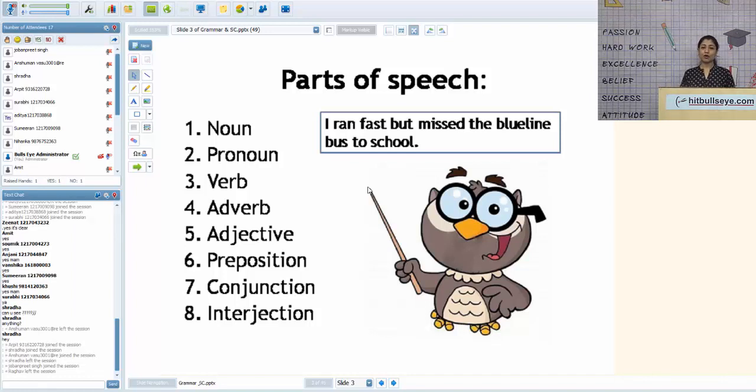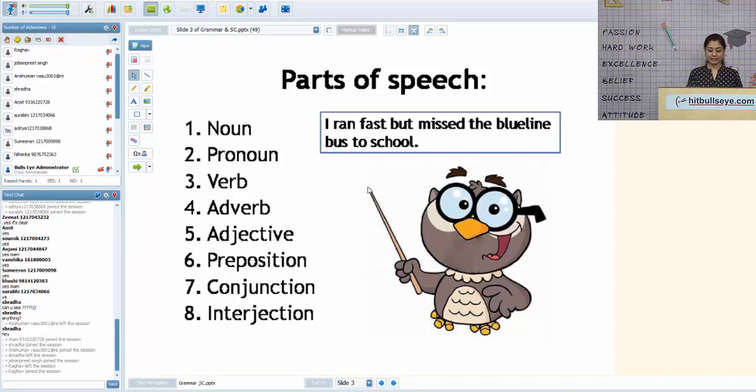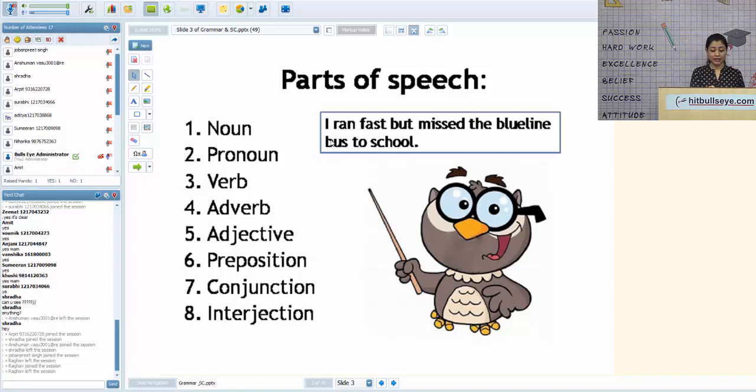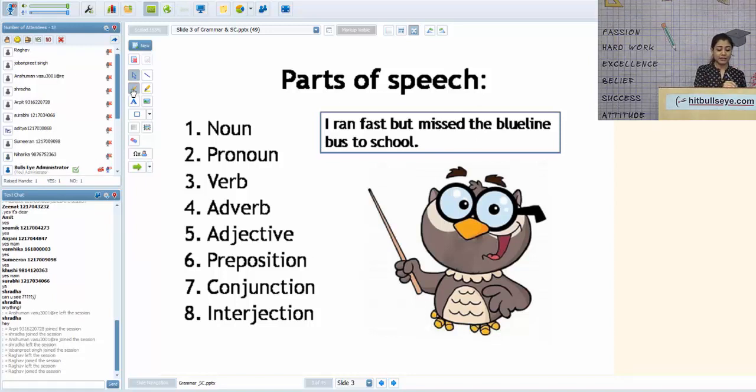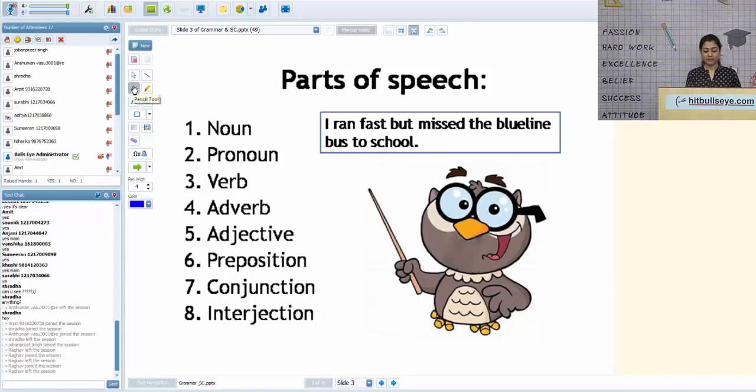We will be discussing all these in detail henceforth, but let us first apply it in a sentence. The sentence here says, I ran fast but missed the blue line bus to school. Let us look at the sentence and identify the parts of speech. I here is a pronoun, right?